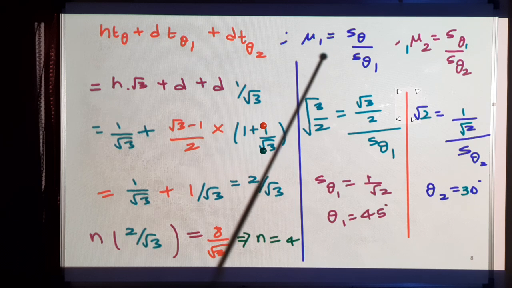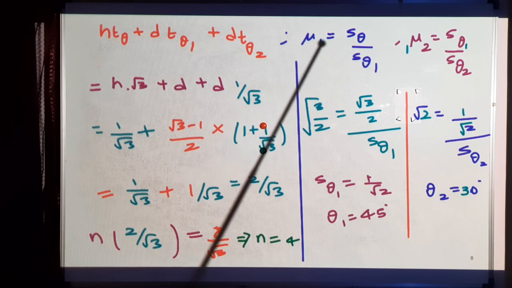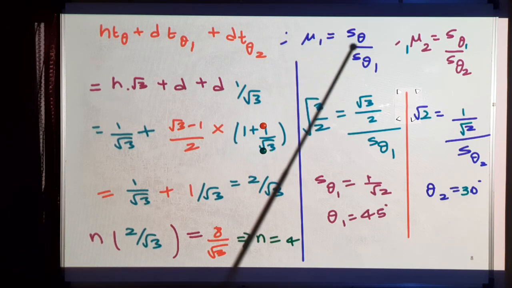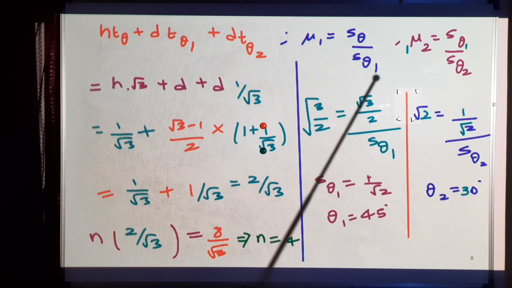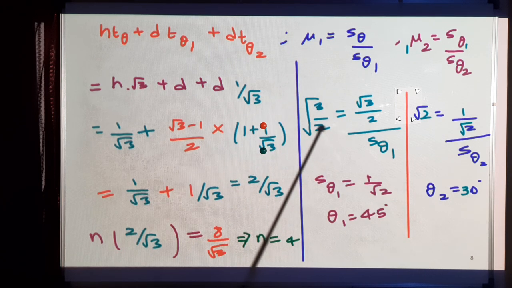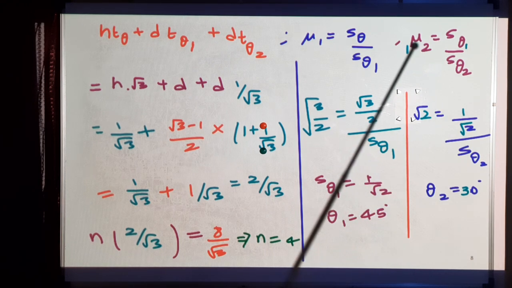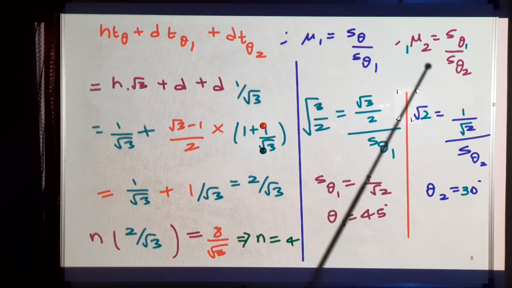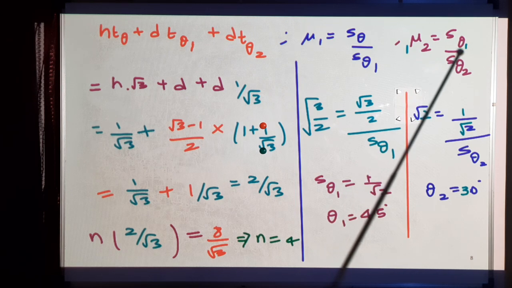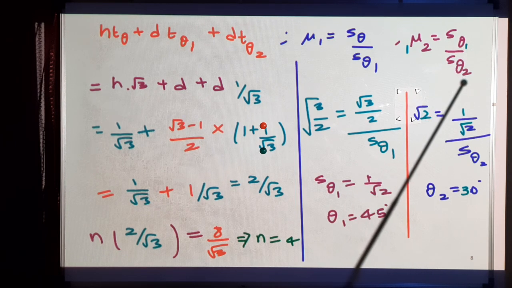So at interface 1, it's between medium 1 and air. That's equal to sin i, which is theta, and sin r is theta 1. Mu 1 is given as root 3 by 2, and theta is 60 degrees. So sin theta is root 3 by 2. So from this, theta 1 is 45 degrees. At the second interface, the refraction of the second medium with respect to the first medium is sin i, which is theta 1, by sin r, which is theta 2.